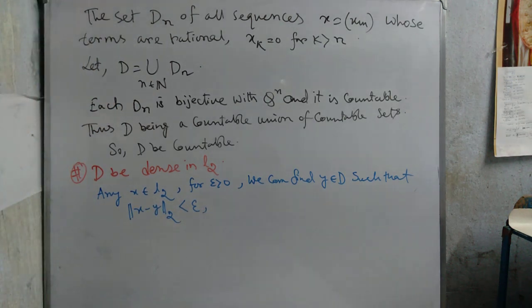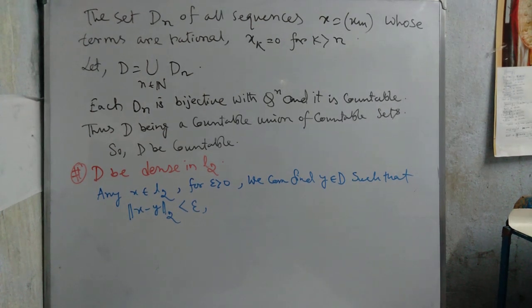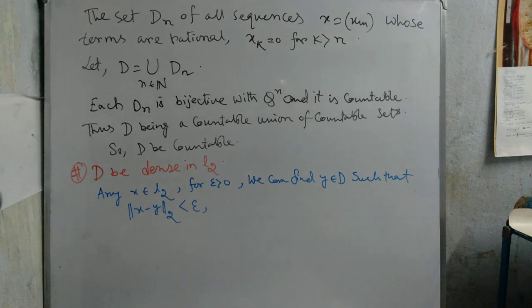Any x belongs to L2, for epsilon greater than 0, we can find y belongs to D such that norm of x minus y is less than epsilon.